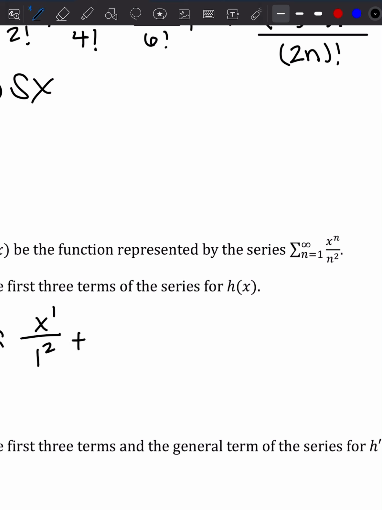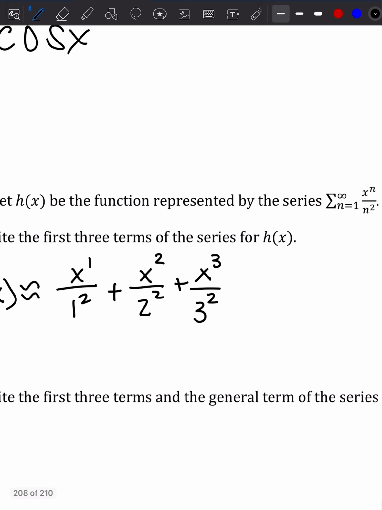divided by n squared. N is 1, so I have 1 squared. And a summation is addition, so we add our next term. So n is now 2, so I have x squared divided by 2 squared. And then I'm going to have my n equals 3, x cubed divided by 3 squared. So looking at this, I have 3 terms now.